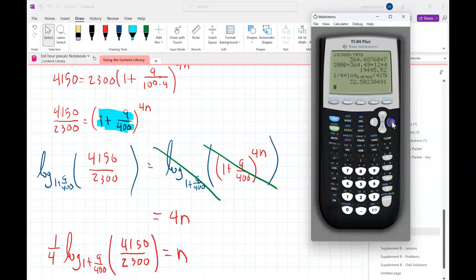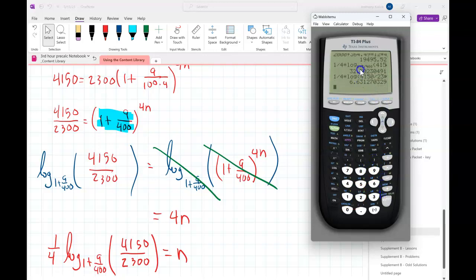I wonder what would have happened if we used the change of base formula. Maybe it doesn't like an expression in the base of the logarithm like that, because I don't see any issues with what we've done algebraically.